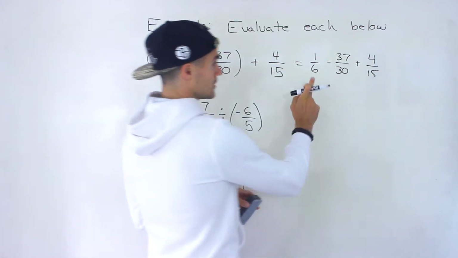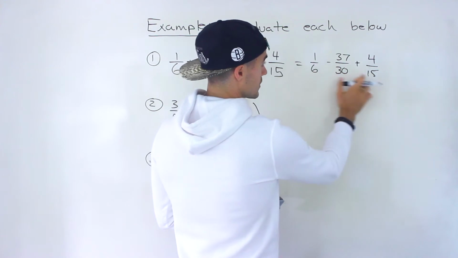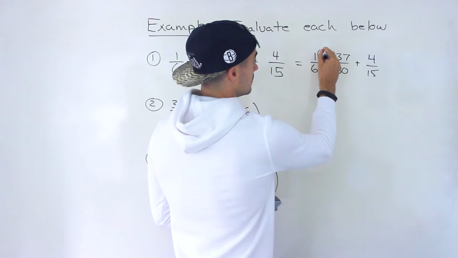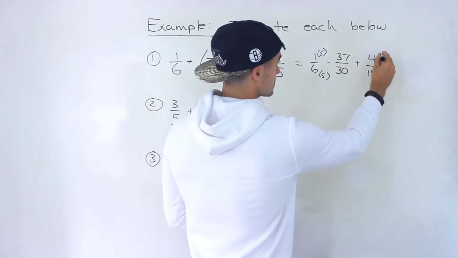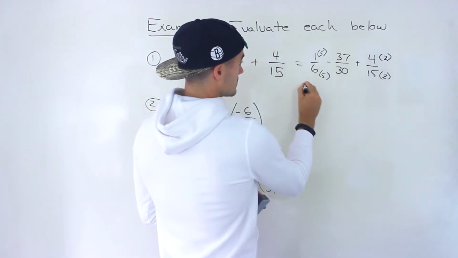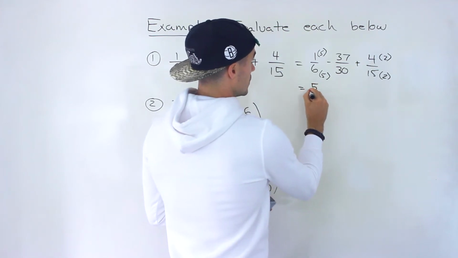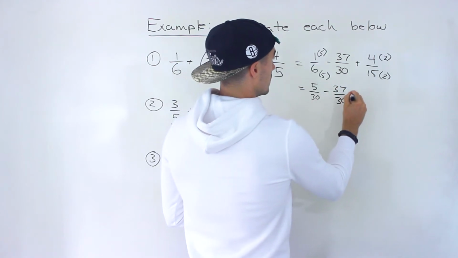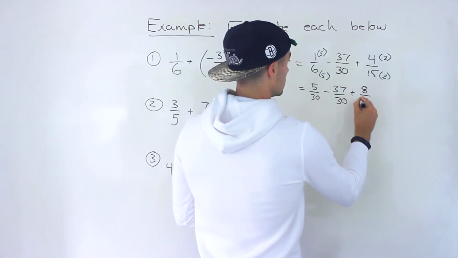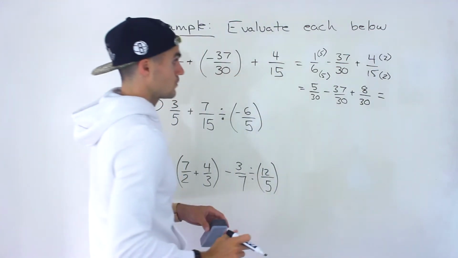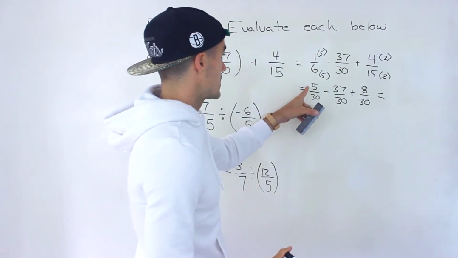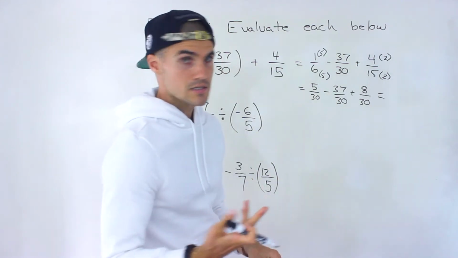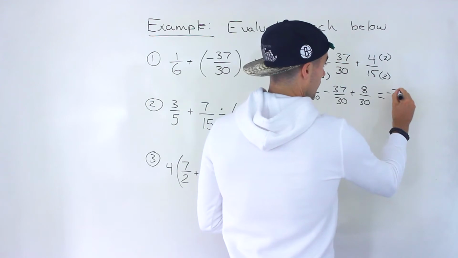Notice the lowest common denominator between 6, 30, and 15 would be 30. We can multiply the 6 by 5, multiply the top by 5, and multiply this by 2, multiply the top by 2. And so we'd end up with 5 over 30 minus 7 over 30 plus 8 over 30, and so what this would end up being is minus 2 plus 8, would give us minus 24 over 30.